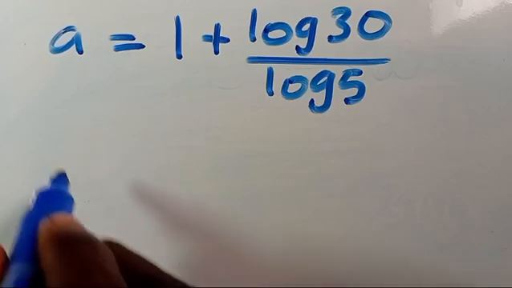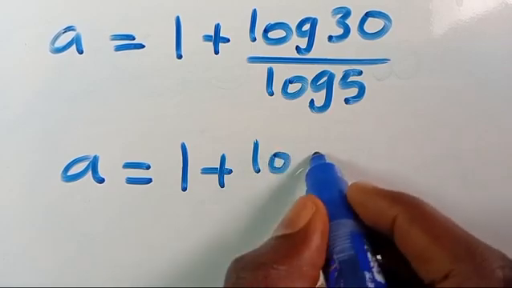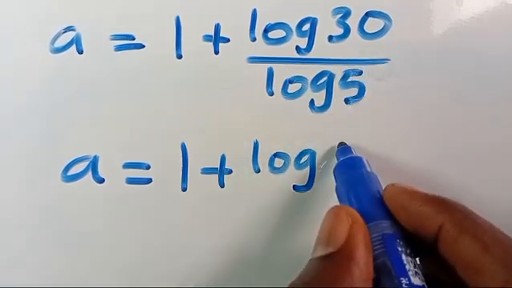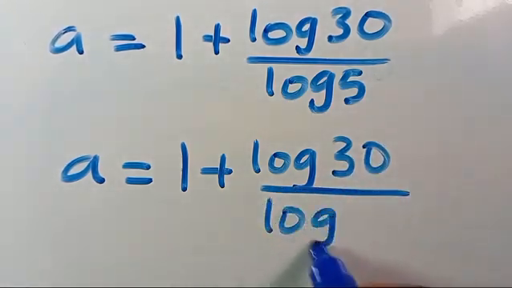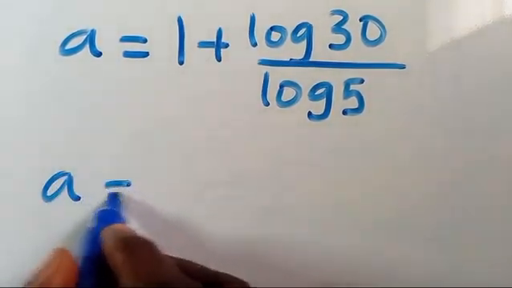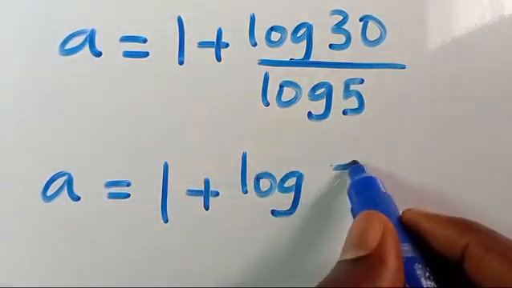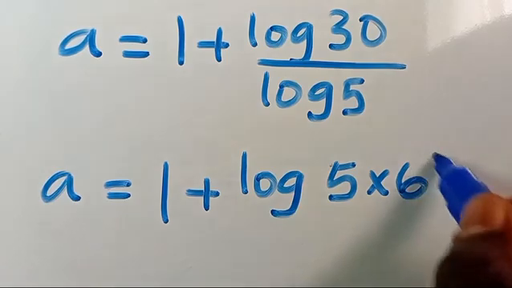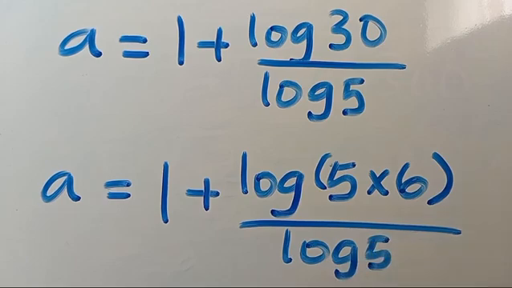So from here we have a equals 1 plus log 30 divided by log 5, and equals 1 plus log, you can have 30 as 5 times 6 in parentheses, divided by log 5.